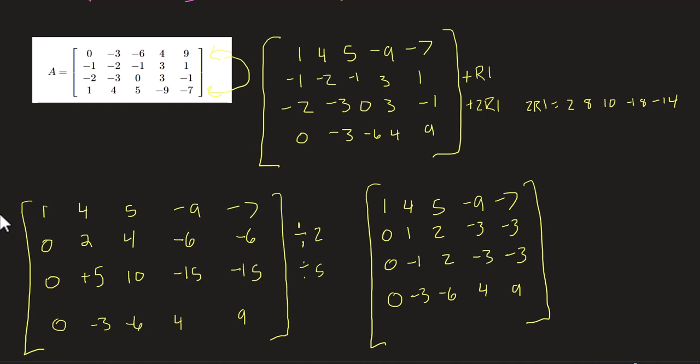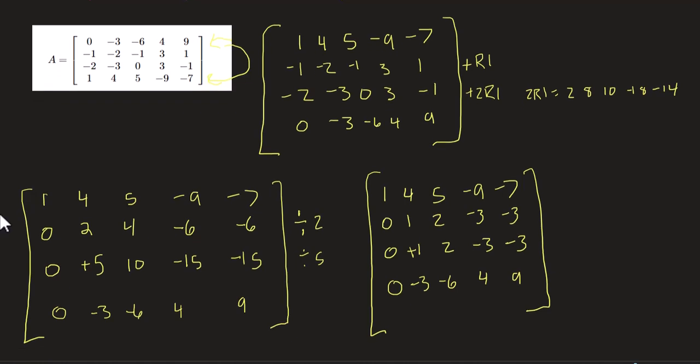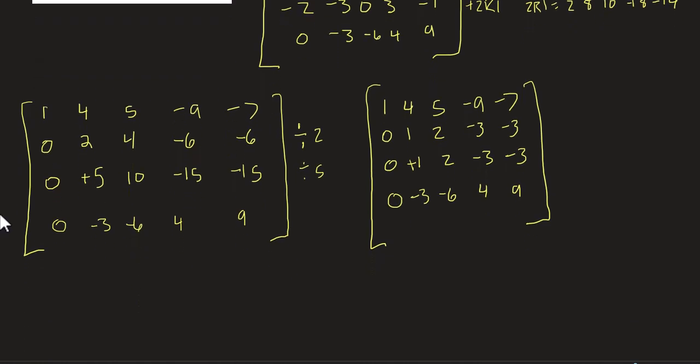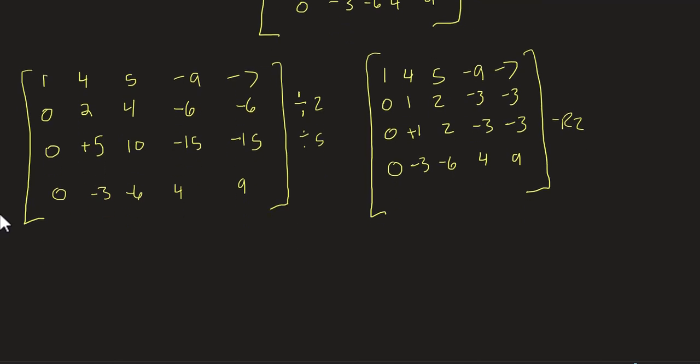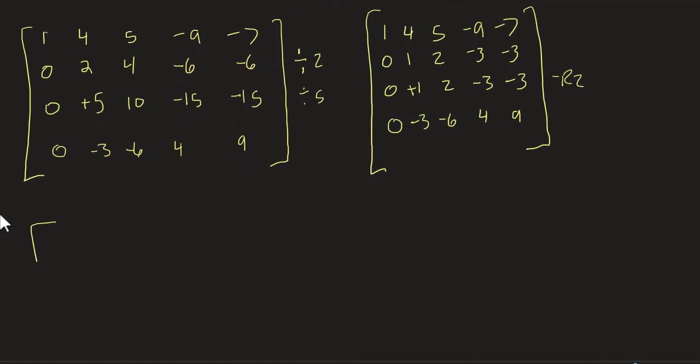I knew I would make a mistake somewhere, and so this would be a positive 1. Okay, so the similarity between those two rows showed me that I probably made a mistake somewhere. Now I can see these two rows are identical, so if I just subtracted row 2 from row 3, I would get all zeros, and since I'm going to have all zeros, I'll move it to the bottom.